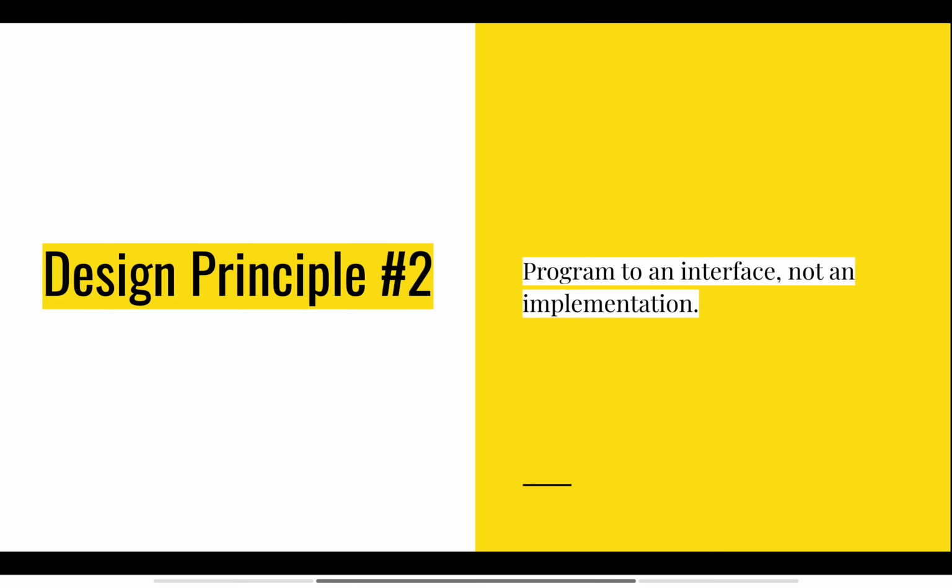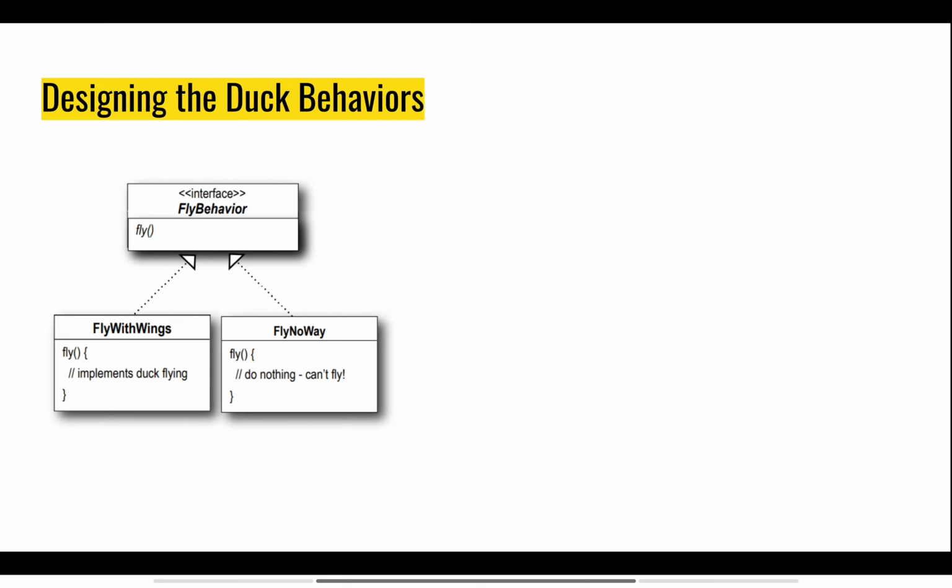The second design principle says: program to an interface, not an implementation. What it basically says is that once we have our Flyable interface, we can provide implementations to it, FlyWithWings or FlyNoWay.